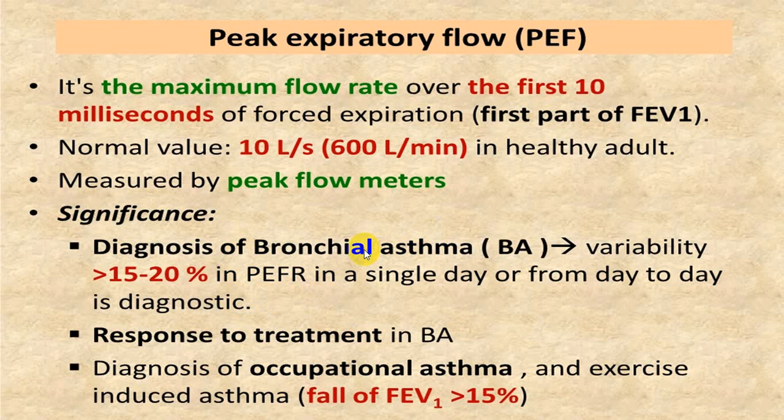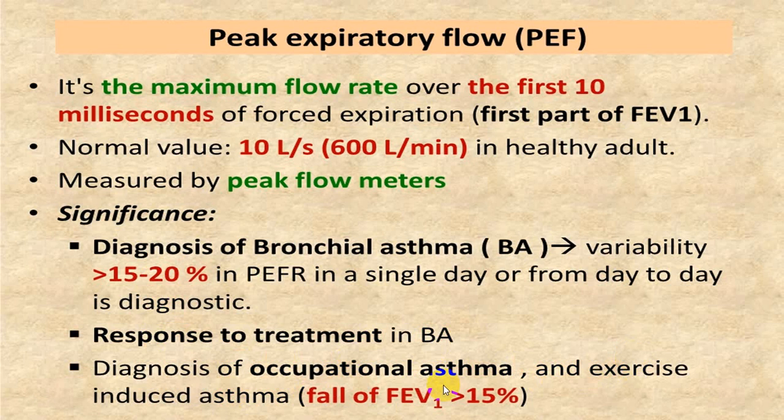So variability, from day to day variation, goes more in favor of bronchial asthma. Also, when you give a bronchodilator, there will be an improvement by more than 12 to 15%. It is also helpful in occupational asthma, and in the diagnosis of exercise induced asthma.